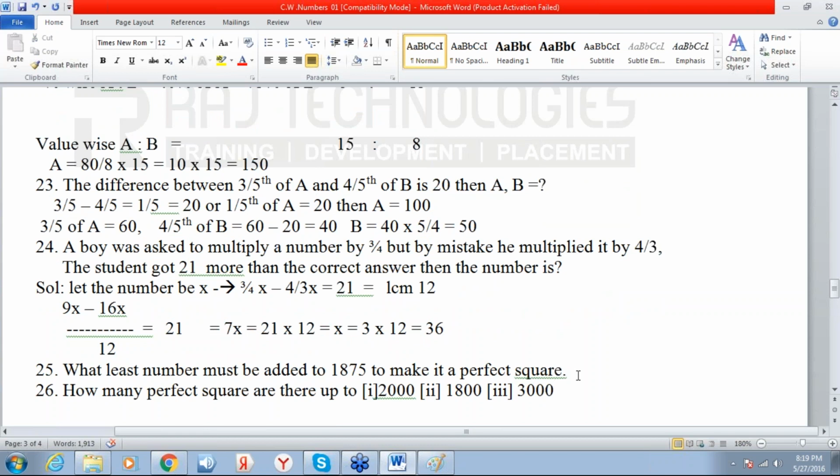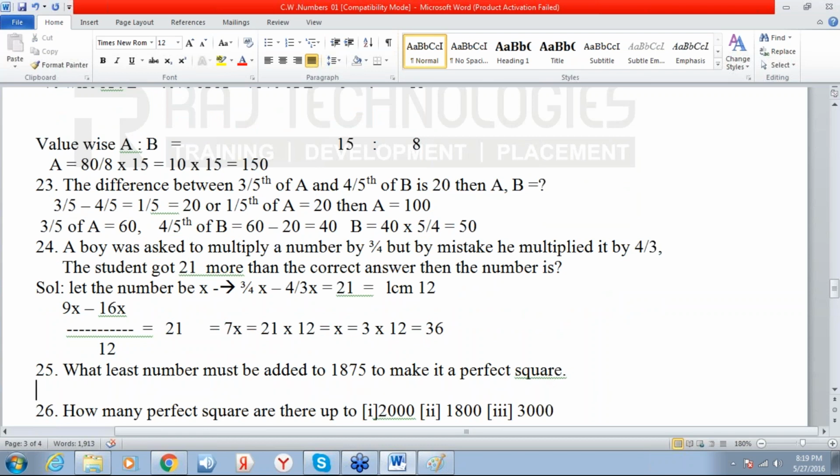Now, what least number must be added to...? The same question was asked in the SI preliminary examination: what least number must be added to 2000 to make it exactly divisible by 19? But it is different.